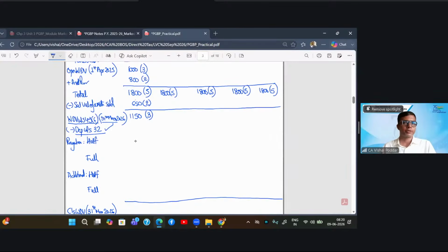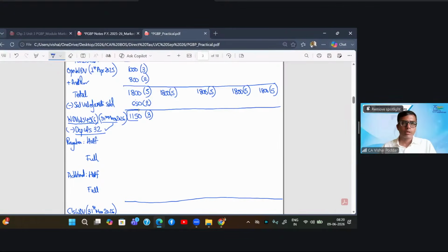Pay attention, students. It means in every case, you will have one of the two. Either you will have depreciation or you will have capital gain or loss calculation. You will not have both the calculations in the same year for that block.